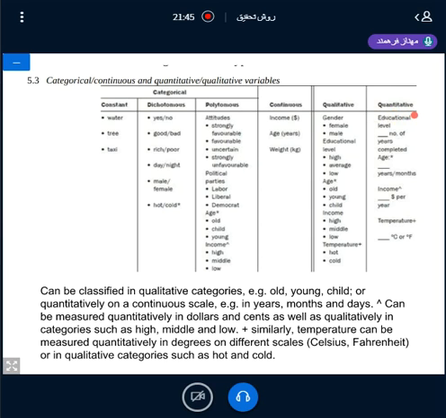And quantitative, for example, educational level, income, how many dollars per year. This is in detail, as you can see here. So you can see qualitative categories and quantitative categories in this table.